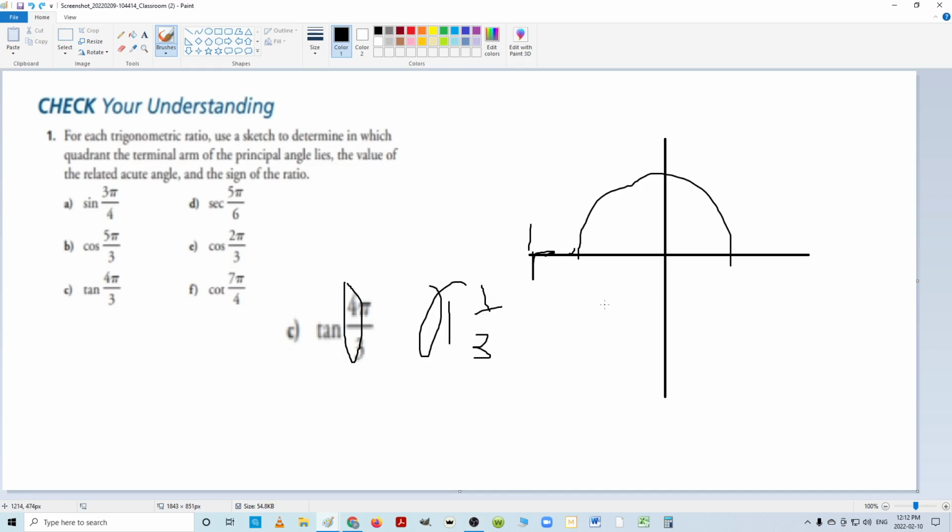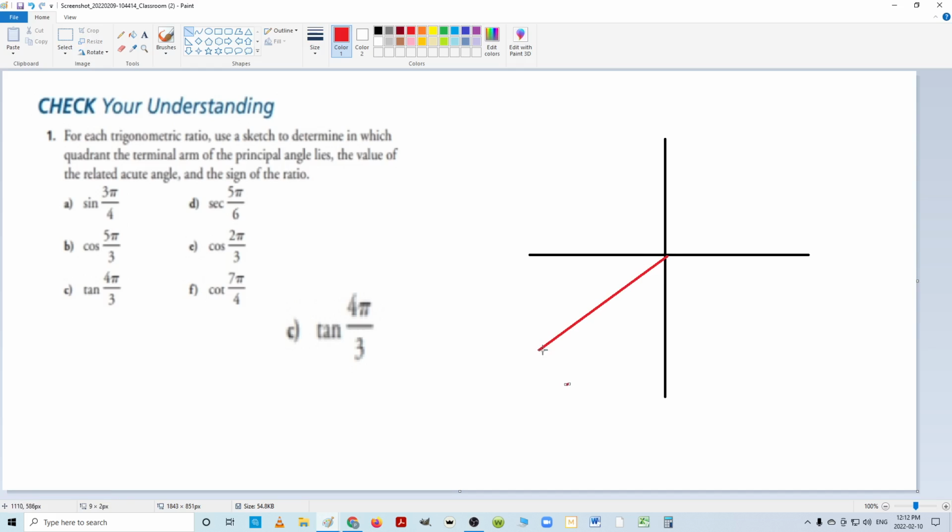So that's another way to look at it. Which means that 4/3 pi, if I draw my terminal arm, will fall in here. And if I draw my principal angle, it's this red angle, which means that 4/3 pi is the principal angle. So I'll draw it and put a red box around it.